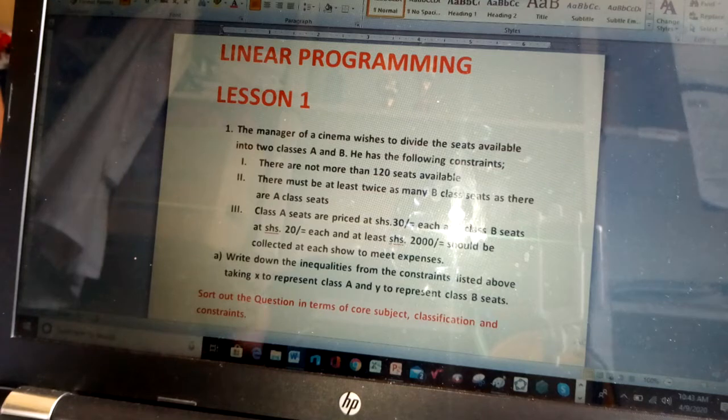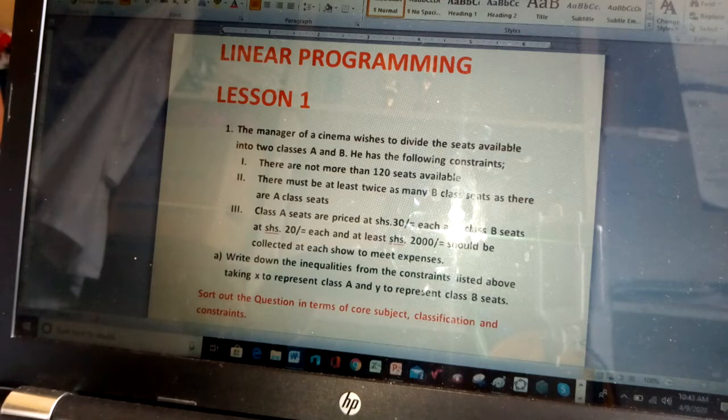Okay, so what is the key thing in linear programming? You sort out the question in terms of what is the core, what is the question addressing, what are the nitty-gritty items in that question that need to be enumerated.